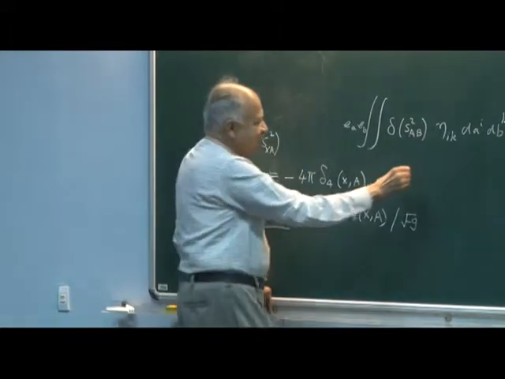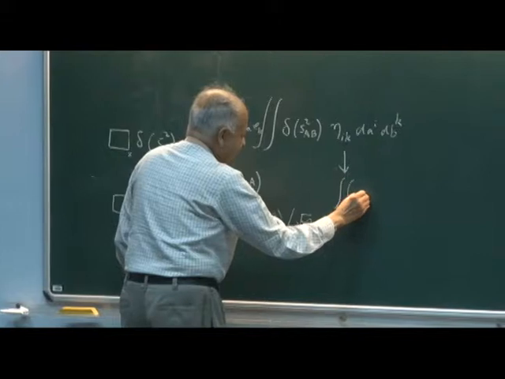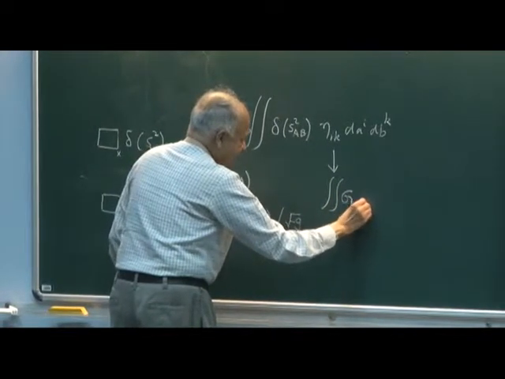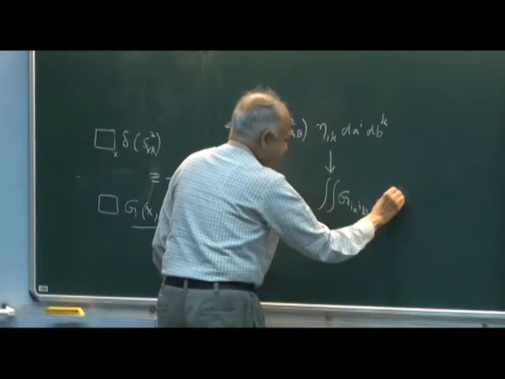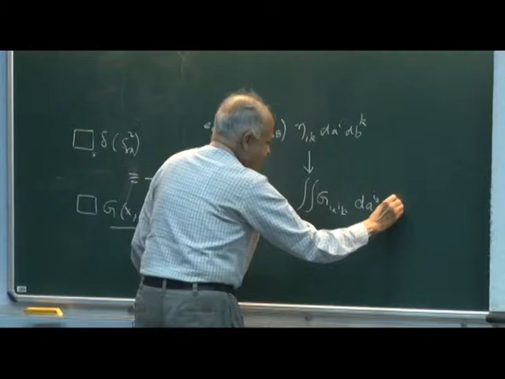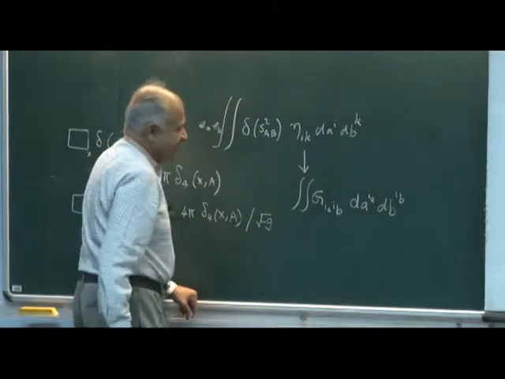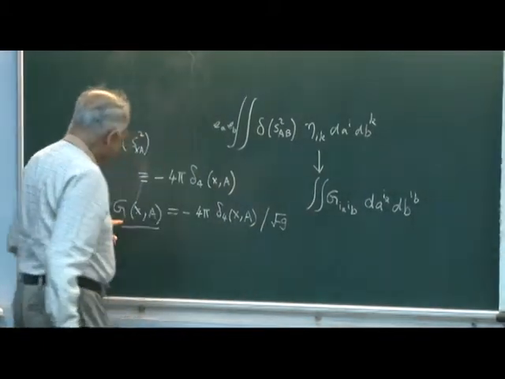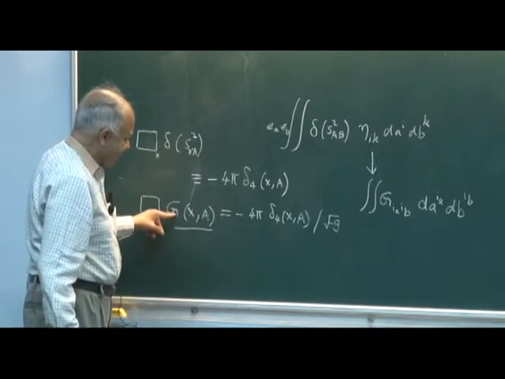So, this should go to something like G_{I_A I_B} d A^{I_A} d B^{I_B}, that is, take the two indices for a curved-space vector Green's function.